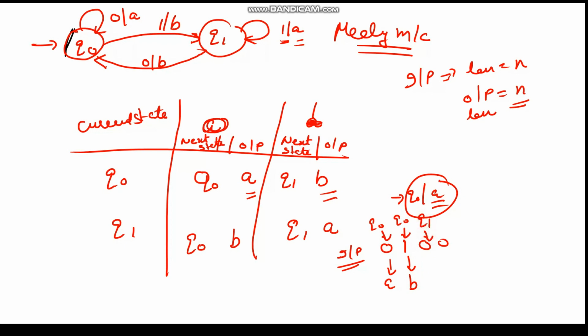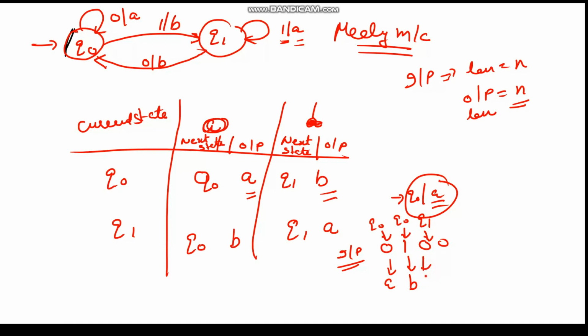On Q1 the next input symbol is 0. When we give input 0 on Q1, we will go to the state Q0, and the output will be b in that case.